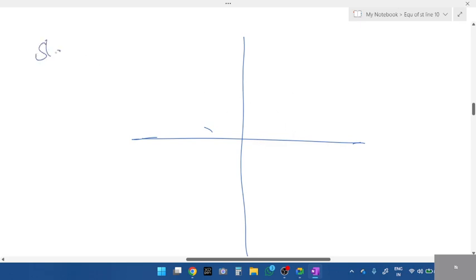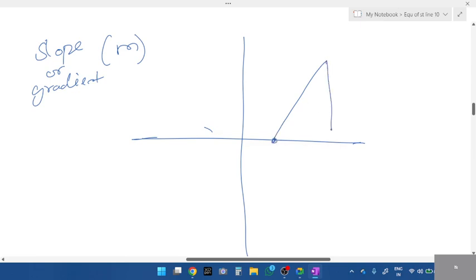Slope stands for slope or gradient. When they mention either, the meaning is the same. The alphabet given is m, students. There are two ways to find it. What do you mean by slope and gradient? Whenever a point touches, you get a right angle here.